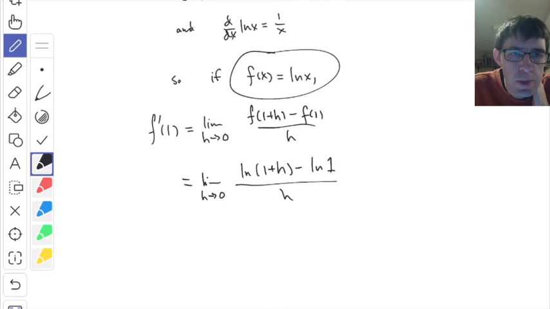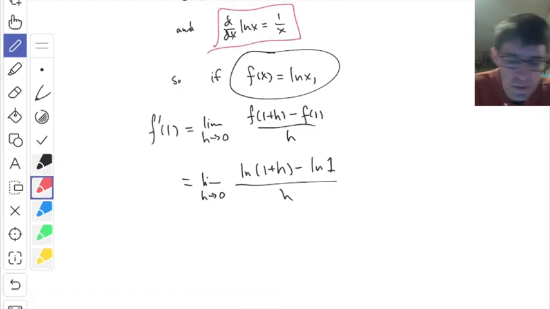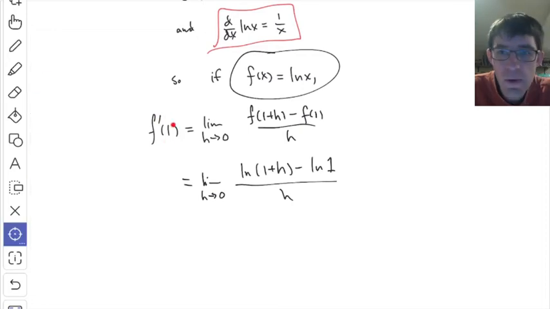What can I do about the left-hand side? Actually, f prime of 1, can anybody tell me what is f prime of 1? You can use the fact here that you know the derivative is 1 over x. f of x is ln x.